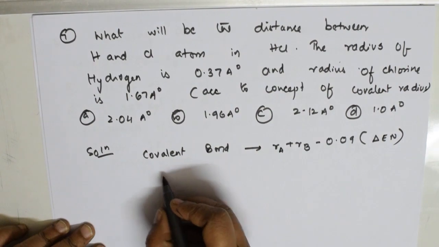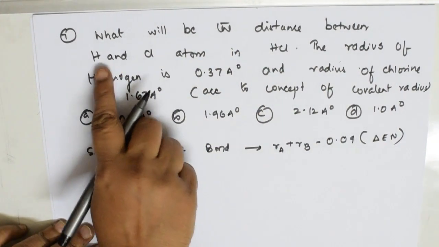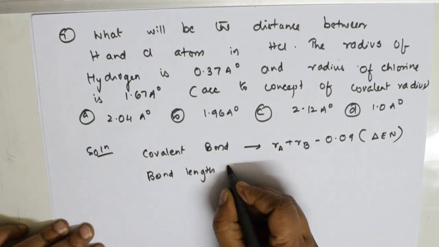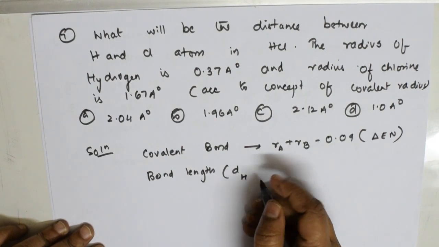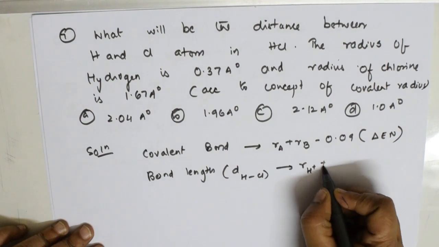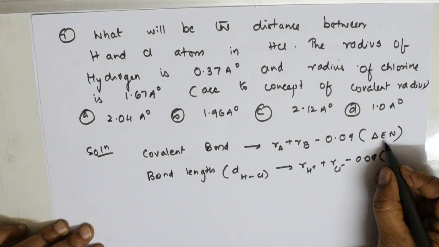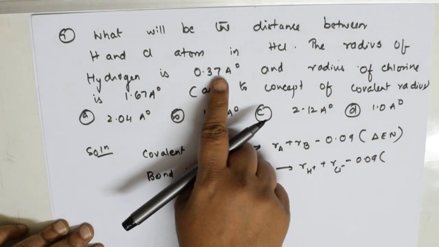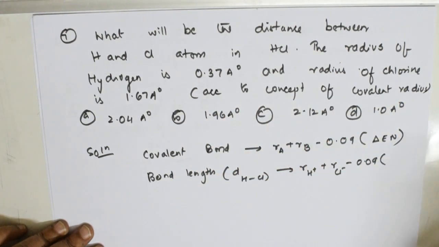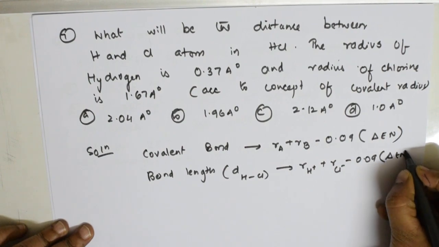Now let us write the bond length, that is D(H–Cl), equal to RH plus RCl minus 0.09 into delta EN. They have given the radius according to the covalent radius, and I need to find that, right?